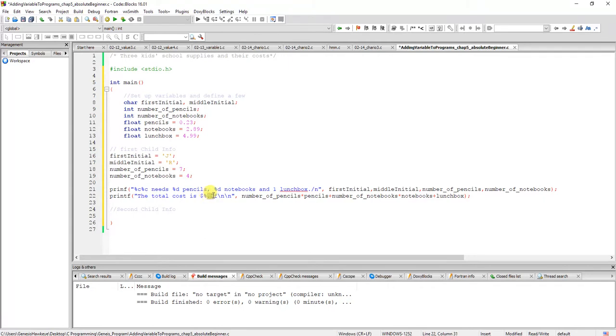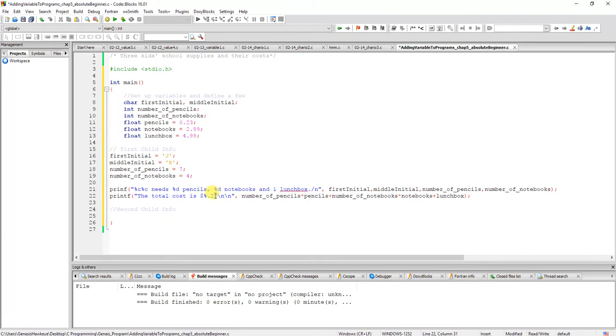I put a 0.2F because I want my floating point to only have 2 values after the decimal point. I could have just done %F, and that will give me a floating point, but then it will have like 6 or 8 numbers after the decimal point. I just want 2, so %.2F.